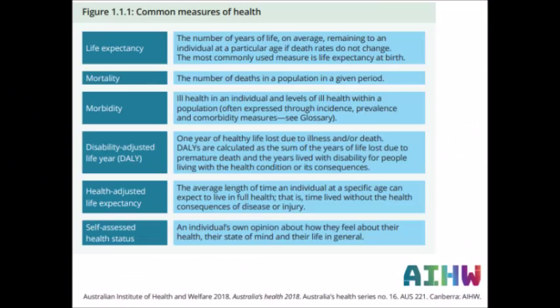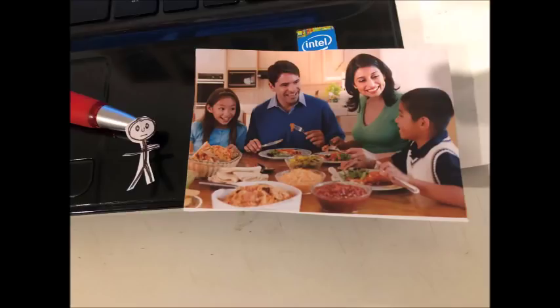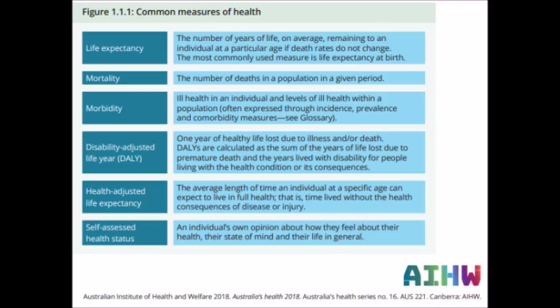And we showed this figure following our two examples to explain how determinants can positively or negatively affect our common measures of health. This concludes our presentation on the Australian Institute of Health and Welfare's Determinants of Health.